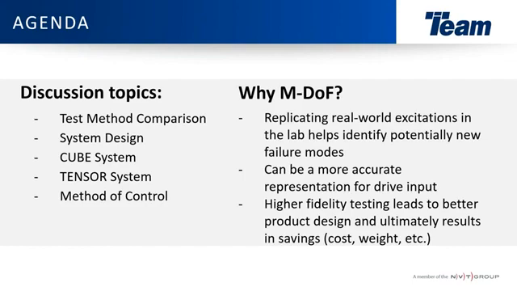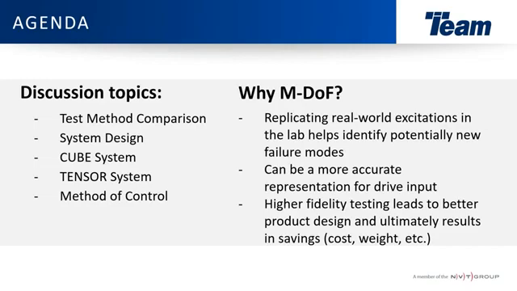It's a more accurate representation of what's actually being seen out in the field, and it provides more fidelity for your testing, leads to better product design. Ultimately, it can result in cost savings, weight reduction for your products, and so on and so forth.